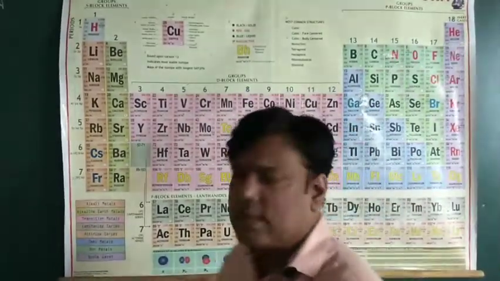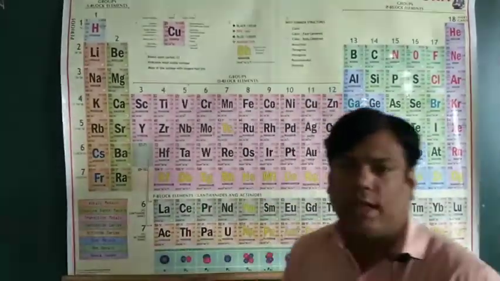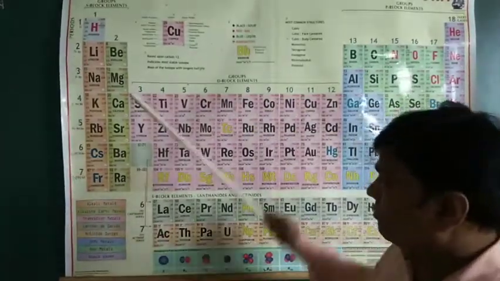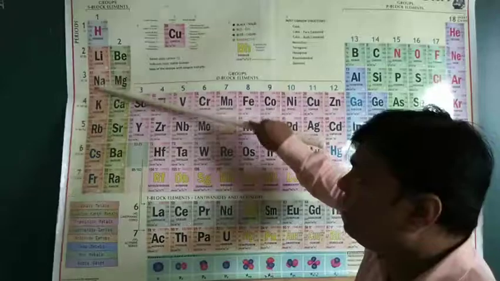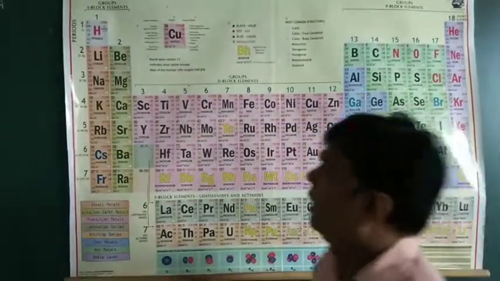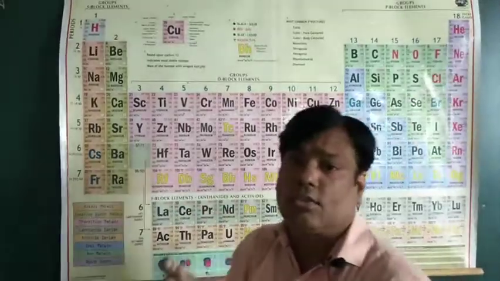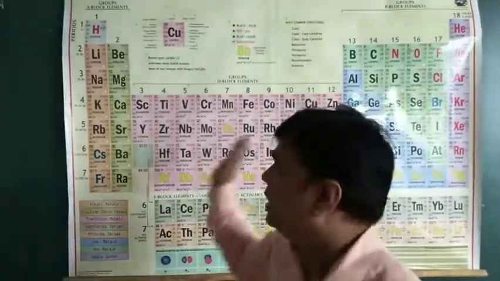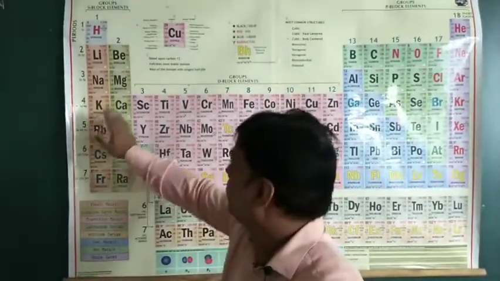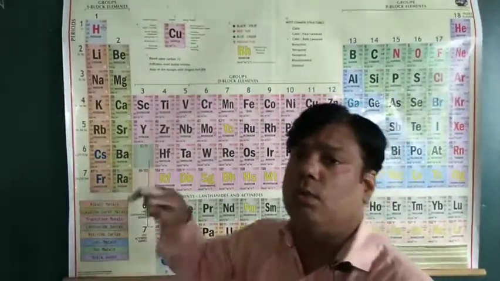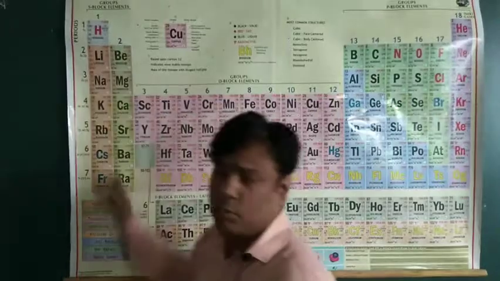Now let us understand some trends in it, which type of trend it follows. First thing is, why is lithium in the first group? Because in lithium, there is only one electron in its outermost orbit, so it is in the first group. Calcium and magnesium have 2 electrons in the outermost orbit, so they are in the same group.